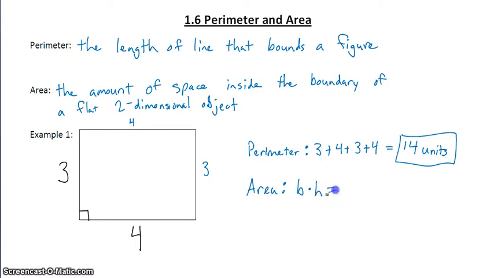In this case, we're going to take 4 times 3. 4 times 3 gives me 12, and this time we're going to use units squared. 12 squares would fit inside this object.